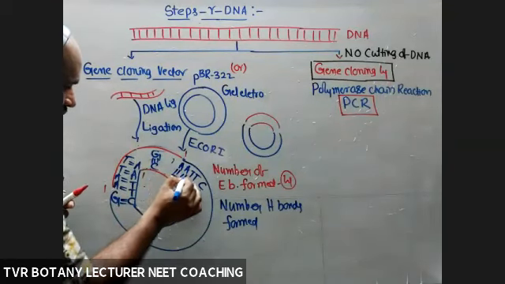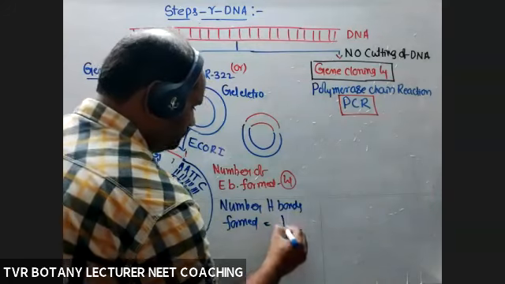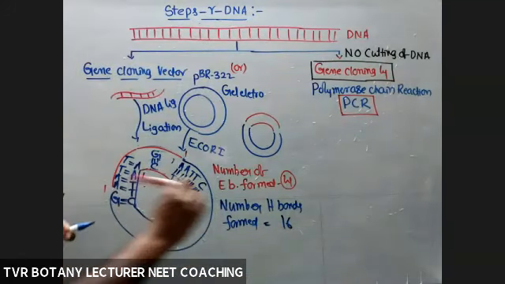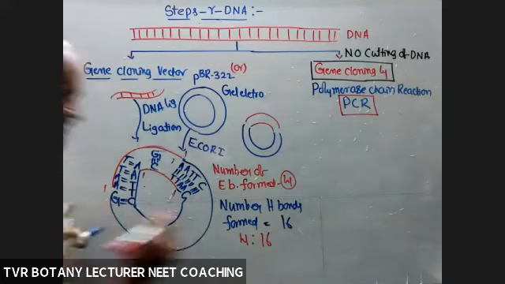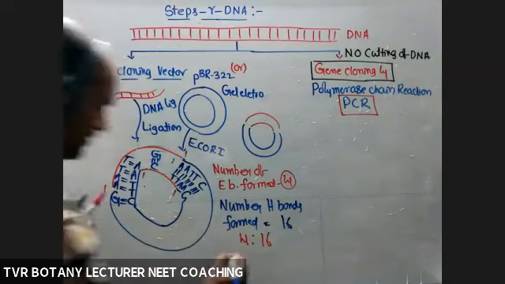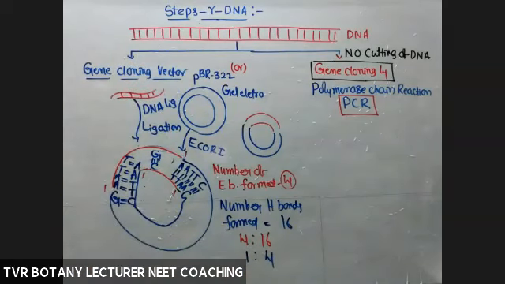Here 1, 2, 3, 4, 8. 8 plus 8, 16. So the ratio between these two, 4 is to 16, 1 is to 4. Check it. So that's about ligation.